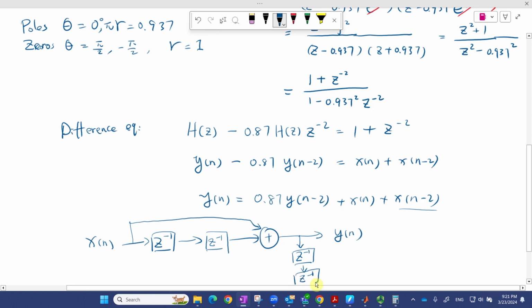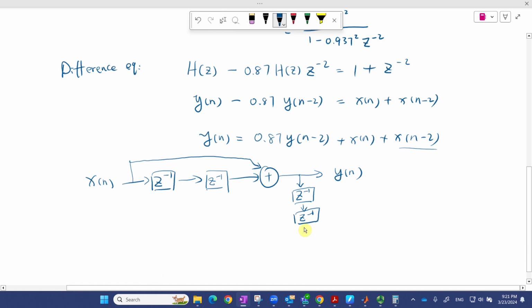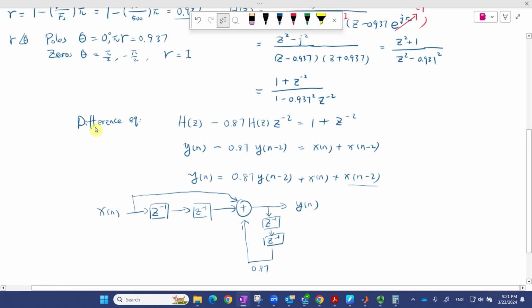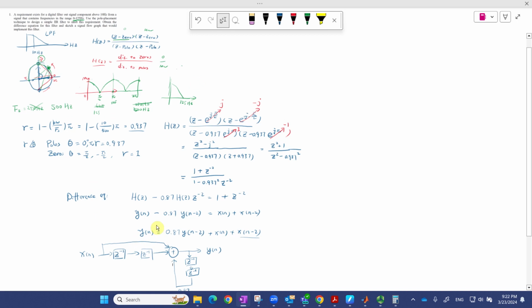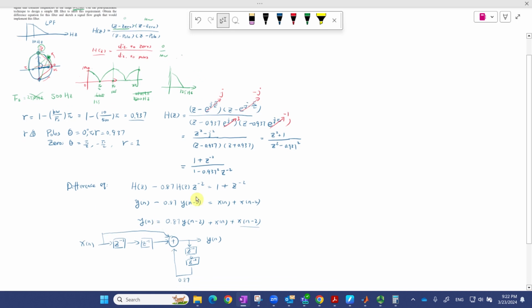This term is the y[n minus 2] term, and it's going to multiply by 0.87, and I will put this one back. That term adds to these other two terms, so the three terms together equal y[n]. Let me shrink everything so you can see the full screen.